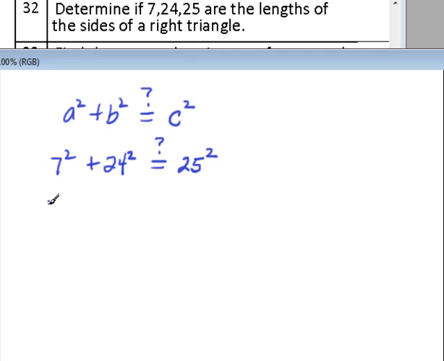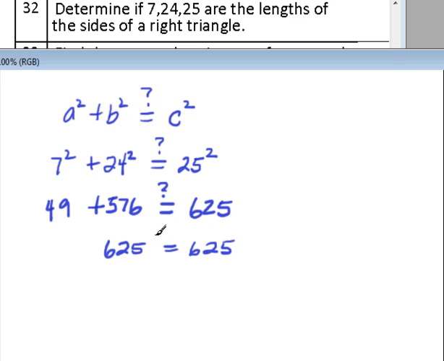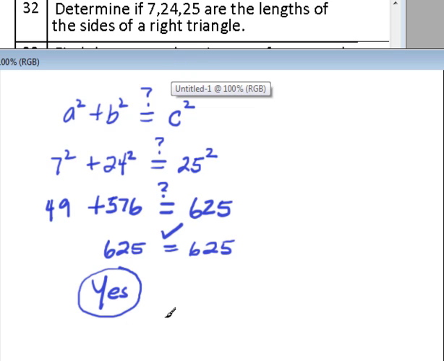That is 49 plus 24 squared, that's 576. Is that equal to 25 squared, which is 625? The answer is yes, these two sides are equal to one another. So 7, 24, 25 are the lengths of a right triangle.